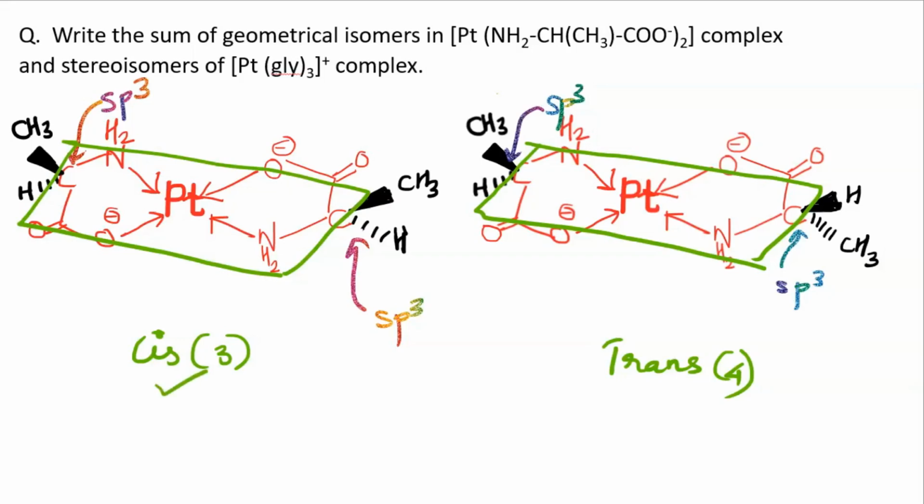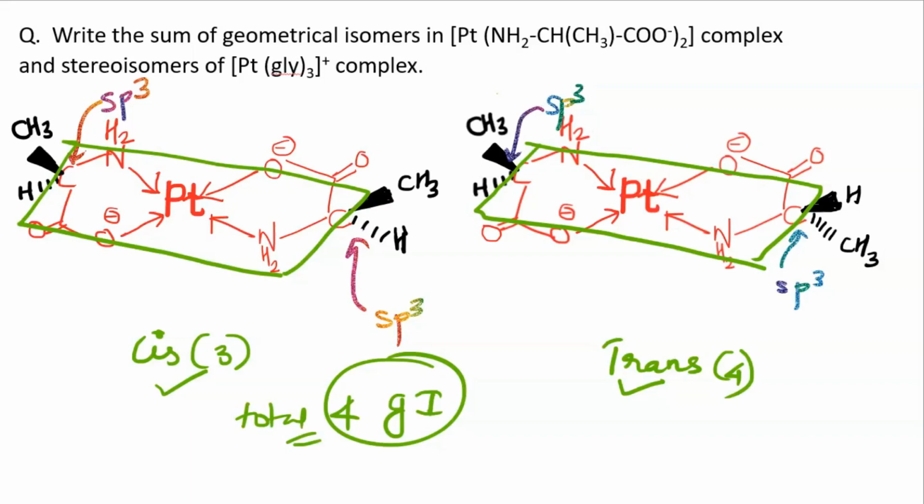If we keep both CH3 opposite to each other, we get trans. Likewise, we are getting 4 geometrical isomers for the first complex.